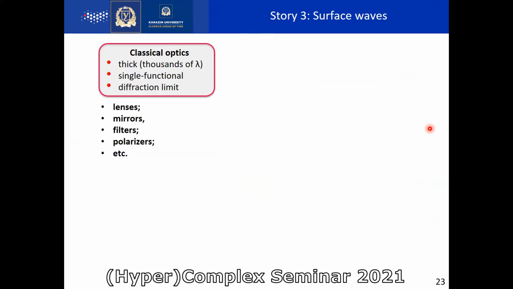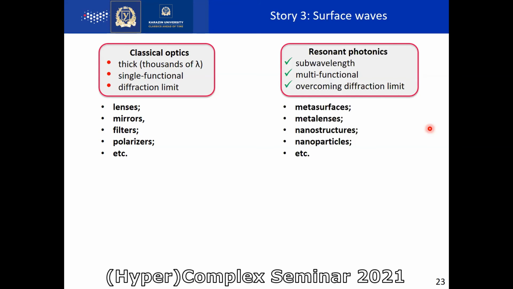And the last part is devoted to my major area of research, the study of surface waves in two-dimensional systems and structures. Why do we need to do it? Because classical optical devices such as lenses, mirrors, filters, and polarizers become too thick, functionally and fundamentally limited.